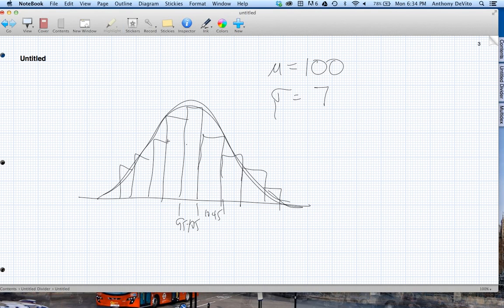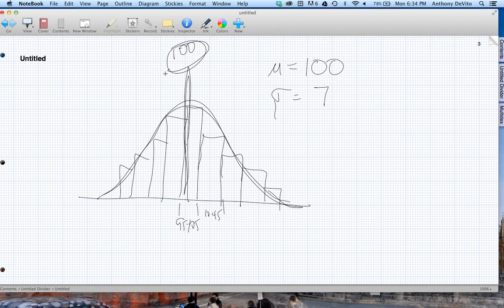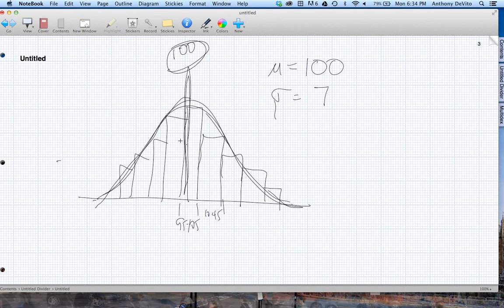If this is a true standard normal distribution, the mean's 100. The mean is always where? It's in the middle, right? So here's the mean, 100. Where's the median if it's a normal distribution? It's the same thing, right? Unless it's skewed, that's a different story. But the median, the middle value, and the mean are in exactly the same spot. What does that tell you about the shape of the area below and above the mean? They're symmetrical. They're exactly the same shape.